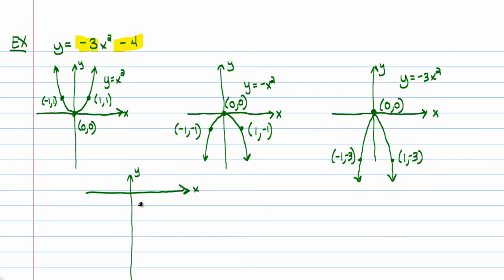So down 1, 2, 3, and 4 steps. So the vertex was at 0, 0. The vertex is now at x equals 0, y equals negative 4. Otherwise, it's still that same narrow looking graph going down. But unfortunately, the points that I need to label will be off the screen.